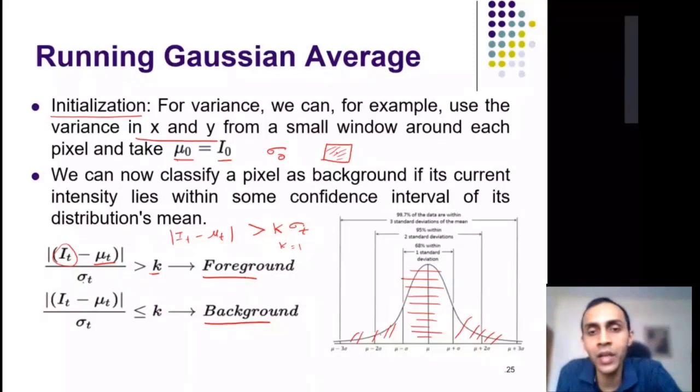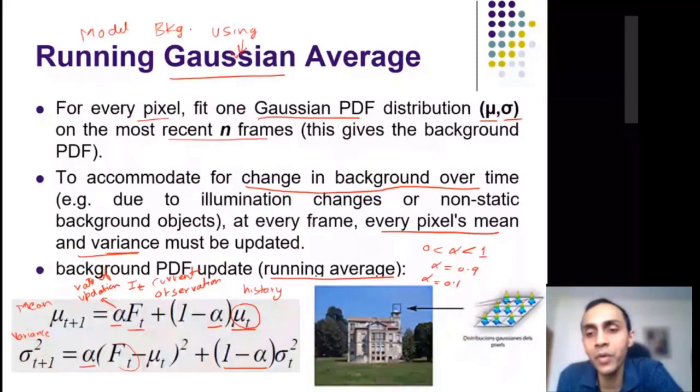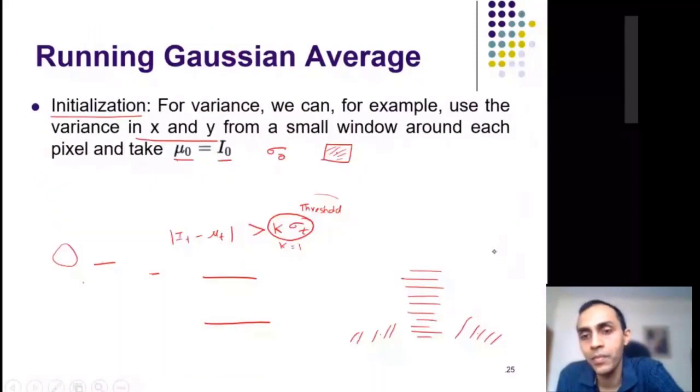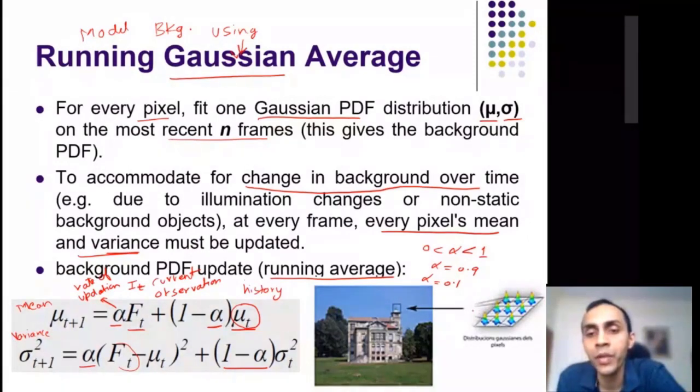The thing is, our threshold is now nothing but a function of the variance of our Gaussian, and this variance is getting updated over time. As our background is getting updated, as our Gaussian distribution is getting updated, this threshold is also getting updated. It is no more a static value. Moreover, this threshold is different for different pixels, because every pixel is being modeled as a separate Gaussian distribution, so sigma_t for each pixel will be different.